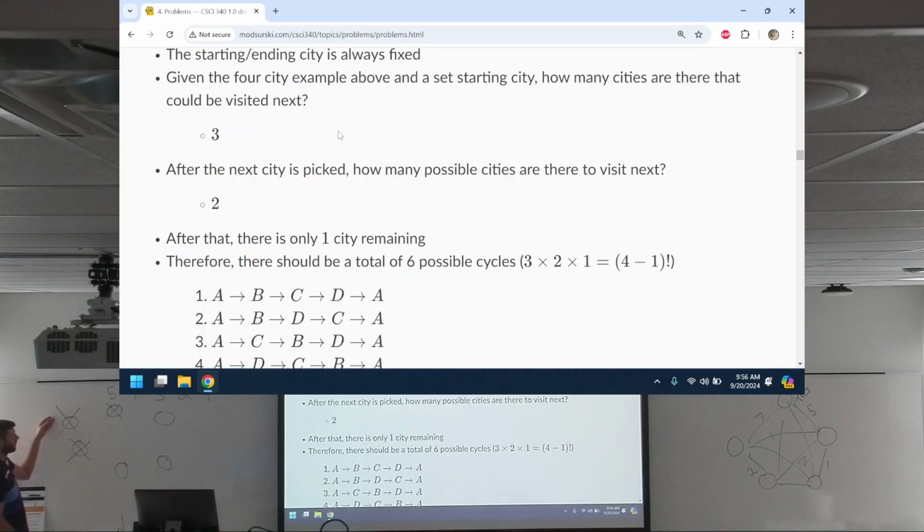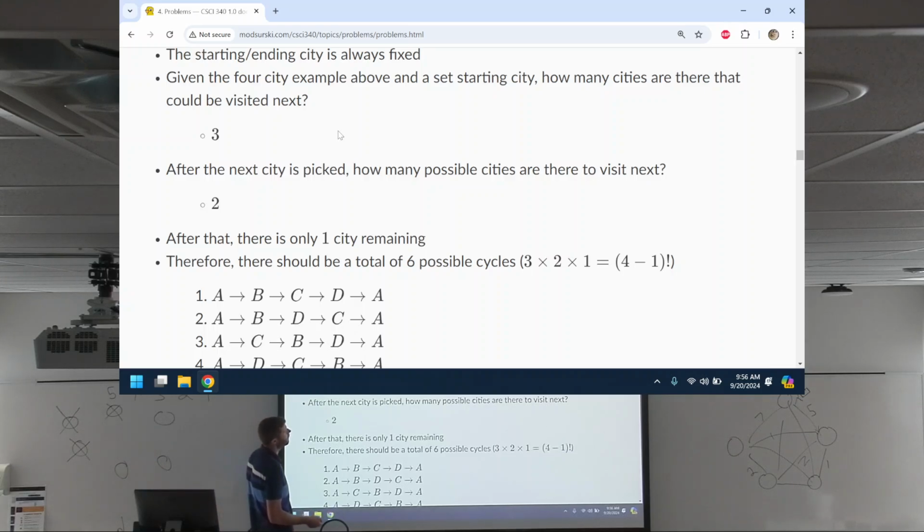So 6 minus 1 factorial, well, that's 5 times 4 times 3 times 2 times 1. That's how many possible combinations there are. Cool? Thumbs up. Good.